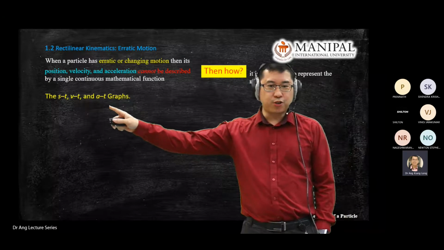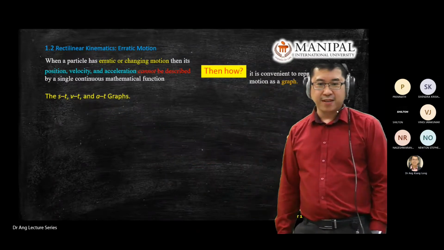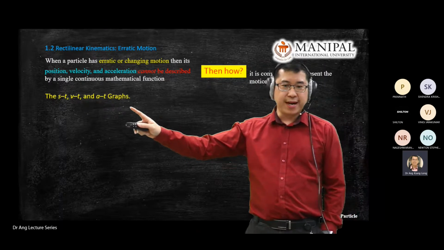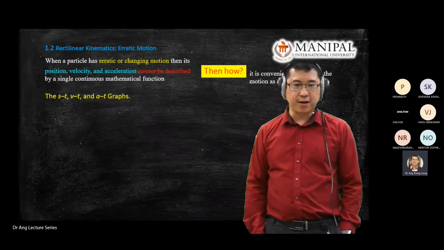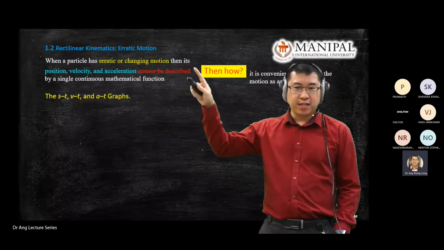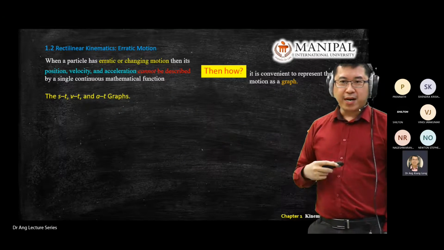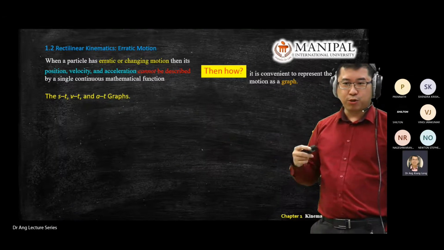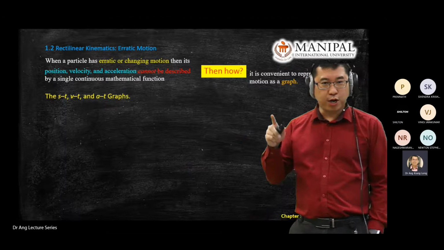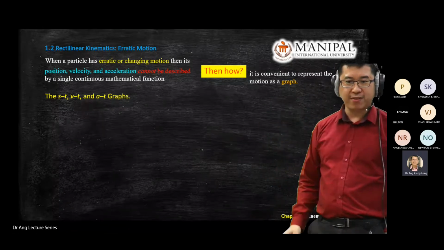Second, velocity versus time, and we introduce you acceleration versus time graph. So when you look at the question, there's a change of motion. In your mind or subconsciously, you should know the next step: the question expects you to draw a graph.